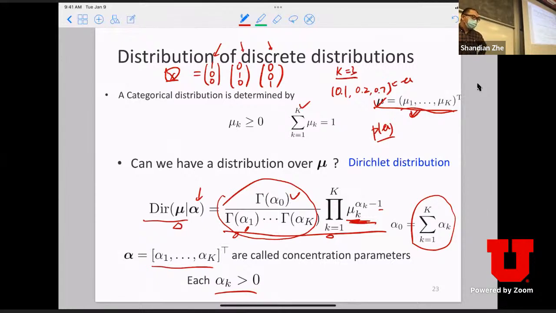So we use this distribution as a prior for the categorical distribution. Yes? So when mu k is bigger than 1, the density is 0? It is defined only on the probability simplex. Mu k couldn't be bigger than 1. All of these samples will satisfy that mu is a probability vector. It's not like free continuous vectors.